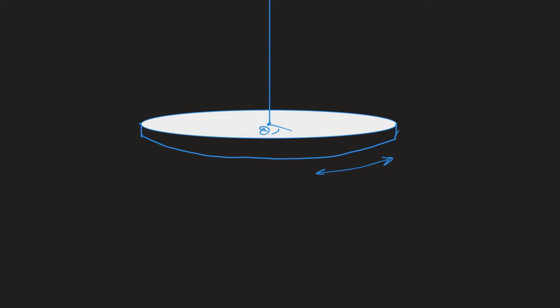And the cable is made out of metal and has a tensile strength that provides a torque when bent. That's kappa times delta theta. It's like Hooke's law for torque.